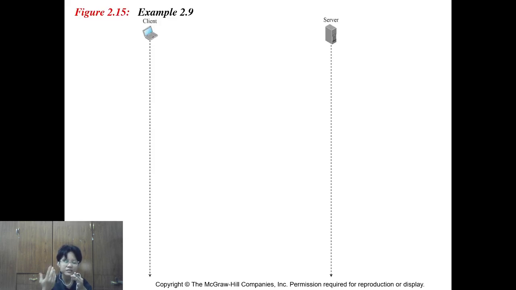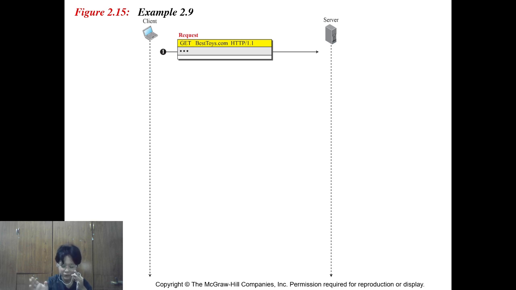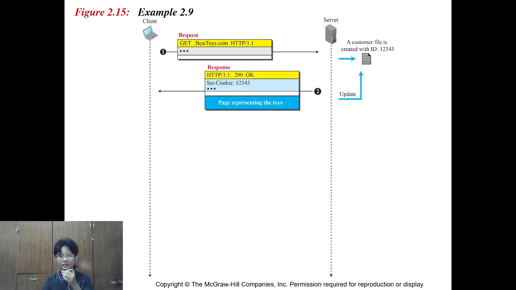And this is picture 2.15. Example 2.9 has the client and server the same. The client sends the request by using the GET method, and the server creates a customer file with ID 12343, and then there is an update.